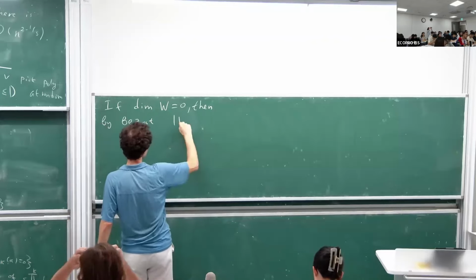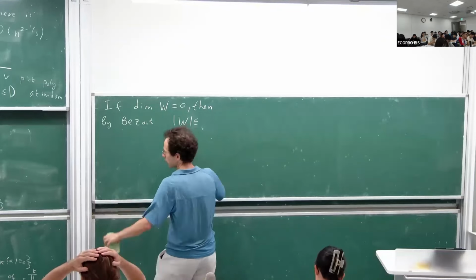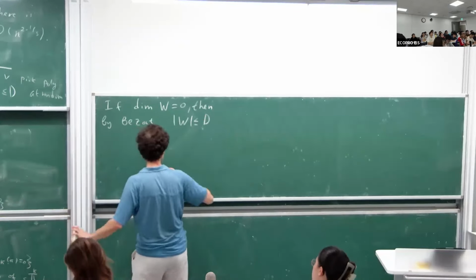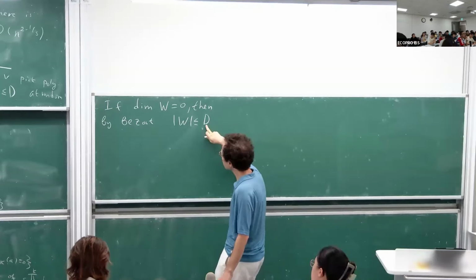The size of W would be at most the product of the degrees of these polynomials, and each of them is d. We haven't chosen it, but we will shortly.